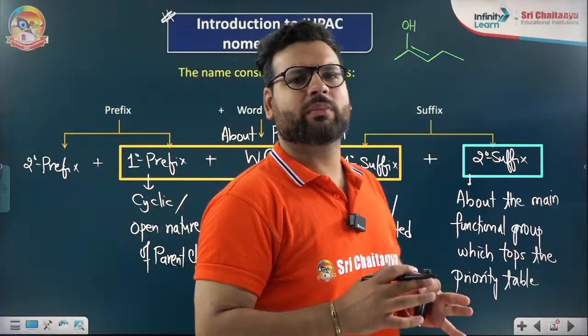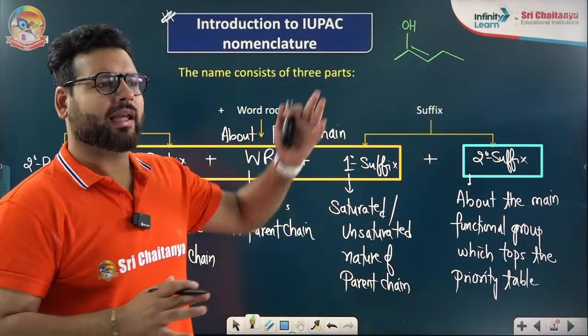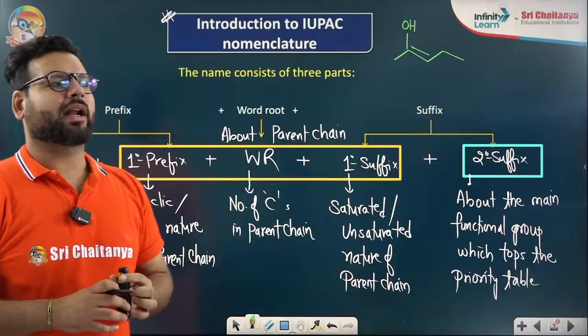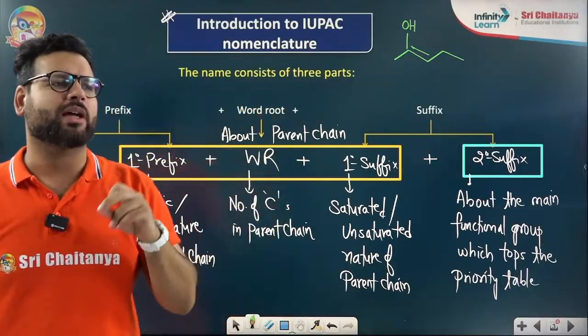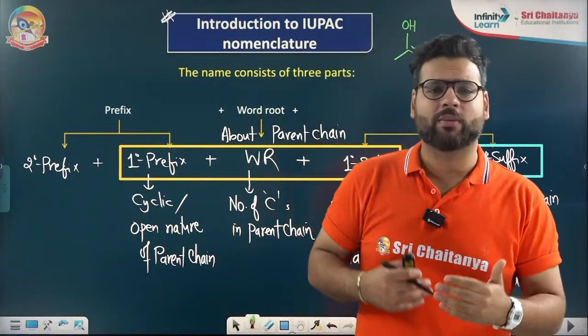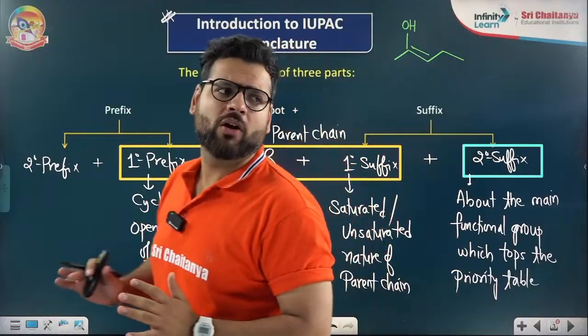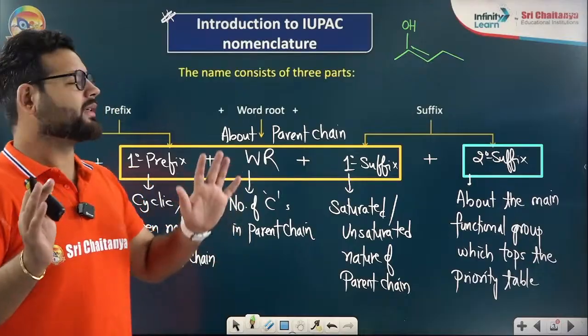I'm not writing the full numbering and everything. That rules I will tell you. Can you name it, everybody? How many people can name it? Quickly write the name of this compound in the chat box. I am waiting for you so that I know what is your current level. Accordingly, I'll go further with a slower speed or with a faster speed. Okay, what is this compound?